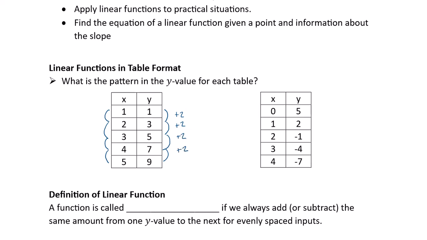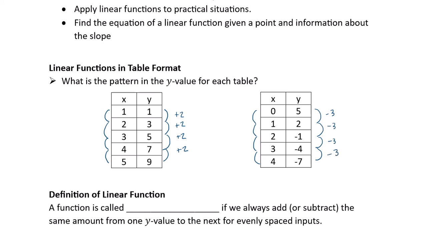Here we again have evenly spaced inputs, and we're going from 5 to 2, 2 to -1, -1 to -4, and -4 to -7. So we're subtracting 3 every time.